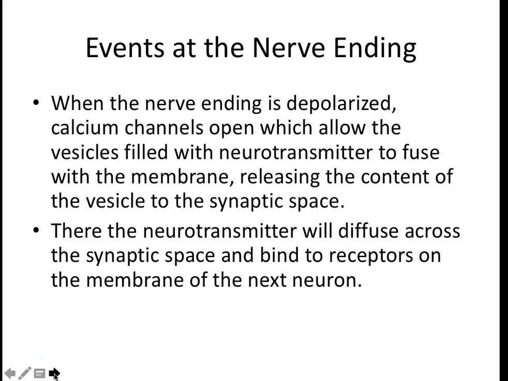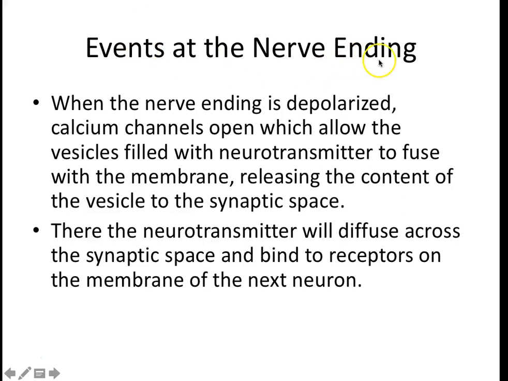And the electrical part is all the way from the dendrite to the axon to the nerve ending, but the nerve endings contain neurotransmitter, these chemicals that then get released into the synapse and diffuse across and bind to receptors on the next neuron, trying to set them up for the next action potential.